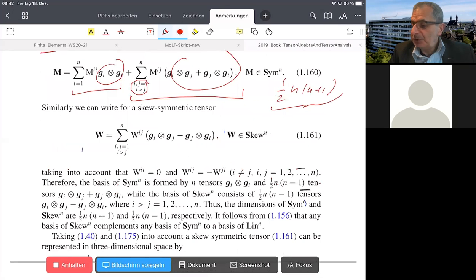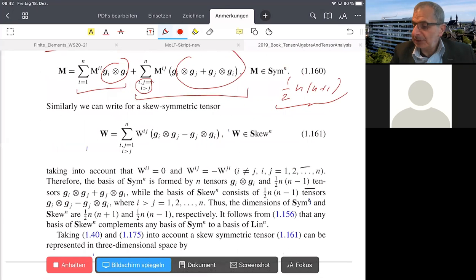And for skew symmetric tensors, we proved that diagonal components are 0, and non-diagonal components change if we change the sign, right? So it means that they form a skew symmetric matrix, right?